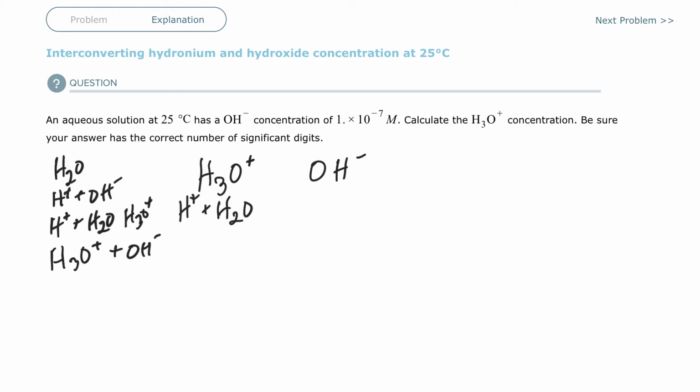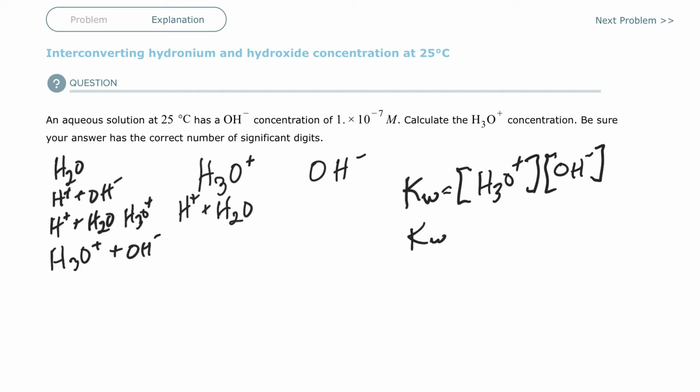And when water breaks down, you're able to find its acidity constant. Water is so unique that it has its own. K sub W is going to be the product of the concentration of hydronium times the concentration of the hydroxide, and it's always going to equal the same number.